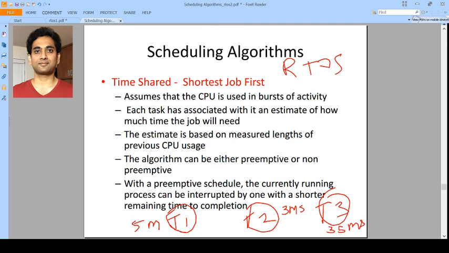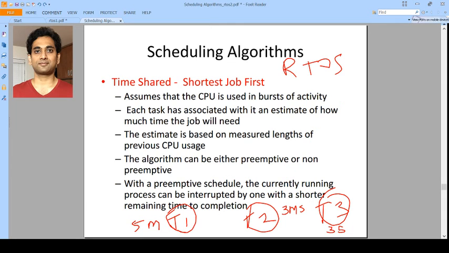It seems task T2 is the shortest job. So the operating system schedules T2 preferentially over T1 and T3. So each task has an estimate of how much time the job will need.